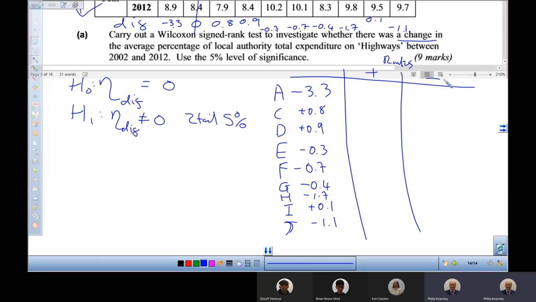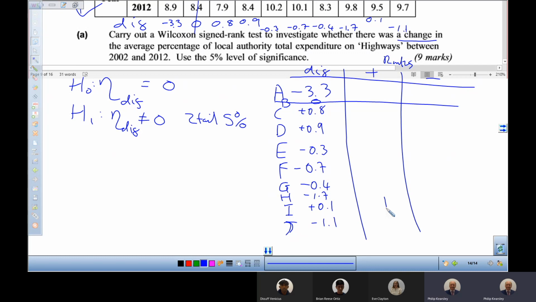Smallest difference, well, there was a 0, but B disappeared. We made B disappear. B had a difference of 0. So B, unfortunately, can't get categorized as a plus or a minus. Smallest difference is 0.1. Notice how it's positive, so rank number 1 goes in the plus column for I. Is there a 0.2?